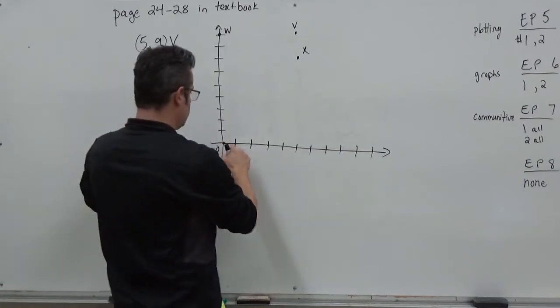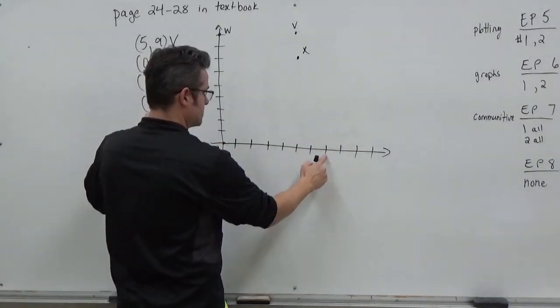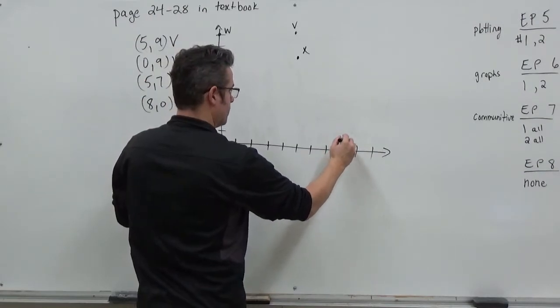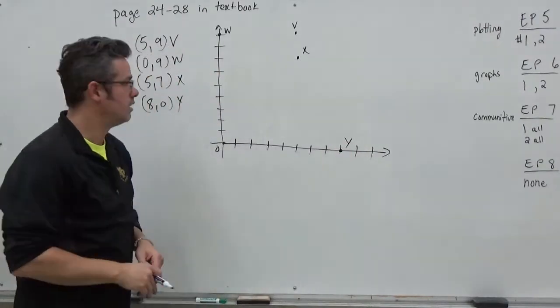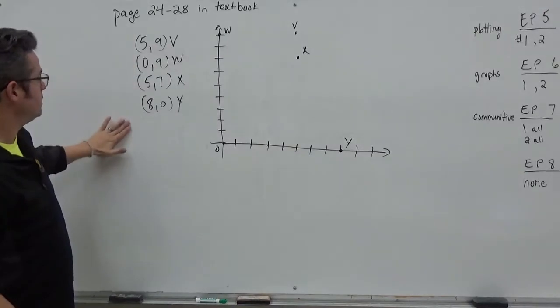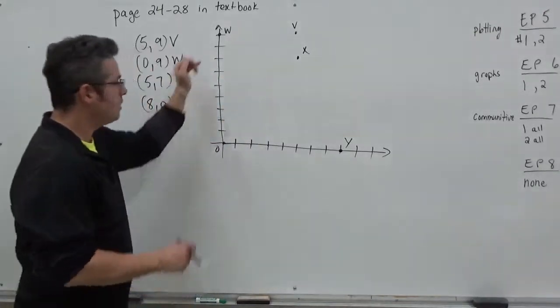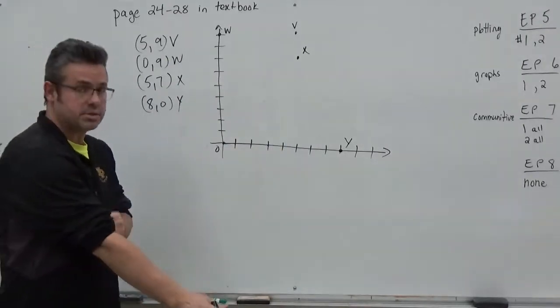And the last one is Y. I go over 8. 1, 2, 3, 4, 5, 6, 7, 8. And I go up 0. So I stay right there, and I label that as Y. So I've taken these points and labeled them on my grid. Do I have to draw numbers here? No, I don't have to. Sometimes it helps me.